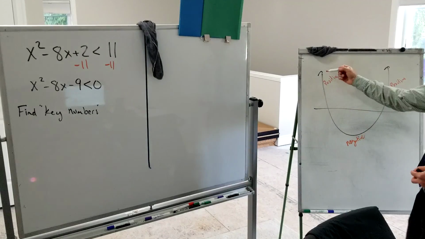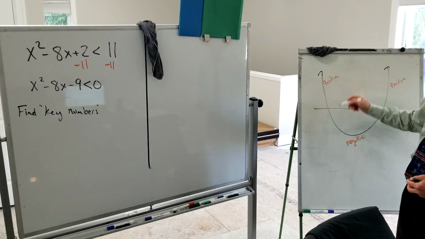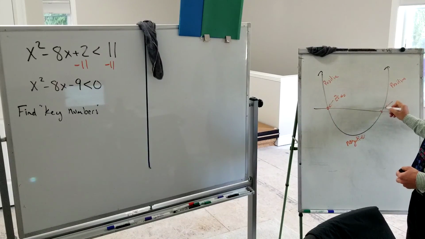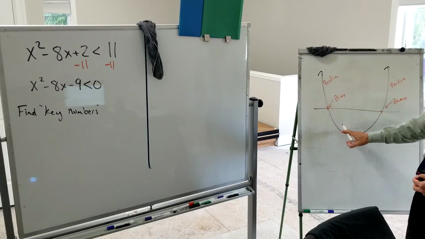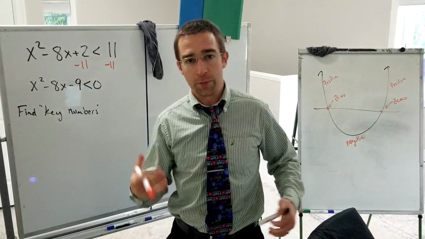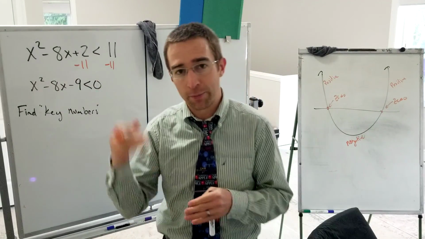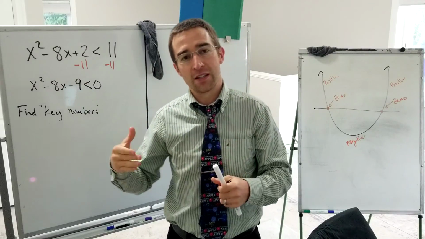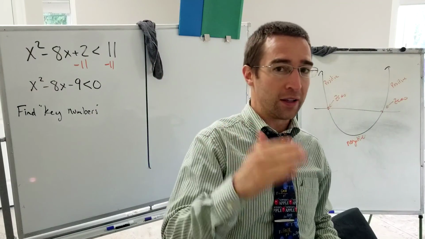And the only way to go from positive to negative in y values is if we go through 0, and the only way to go from negative to positive is through 0. This is true for a quadratic or a polynomial because they're continuous. The only way to get from positive to negative or negative to positive with a continuous function is to go through y equals 0.